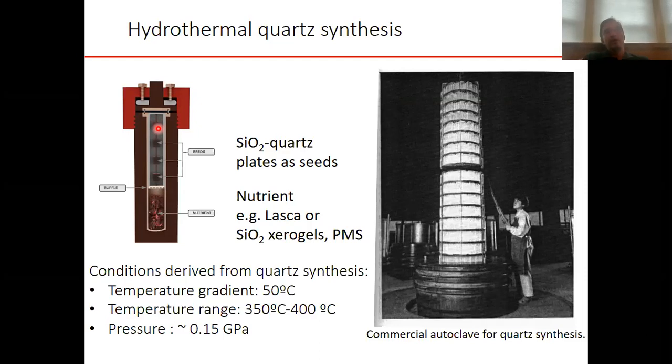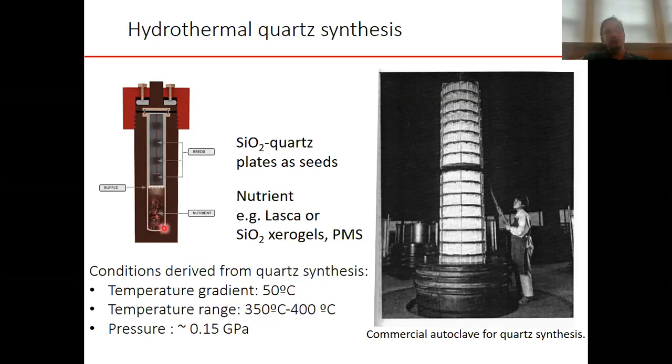Okay. So now you can apply a temperature gradient within the autoclave. Typically the temperature gradient is between 5 and 50 degrees Celsius at a temperature range between 350 and 400 degrees Celsius.